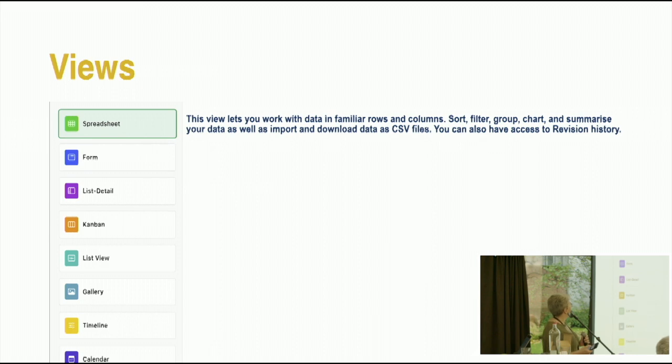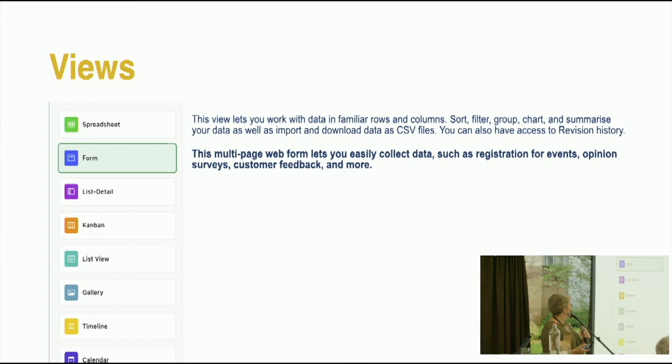So we just go down all the views. So first, spreadsheet. From the spreadsheet, you can import and export data, and you can also access the revision history when you want to restore data. The form, Stefan has just presented earlier.